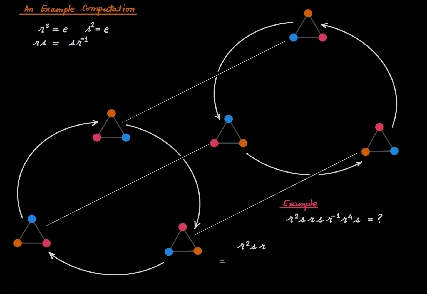We will write it as R R S R, and this RS in the middle we will write as SR inverse. Right, just this thing we have written like that. But now these two things, they kill each other, so that is gone. So we see that the result is just RS, which means what? Which means first you apply S and then R. First you apply S and then R, and you land there.